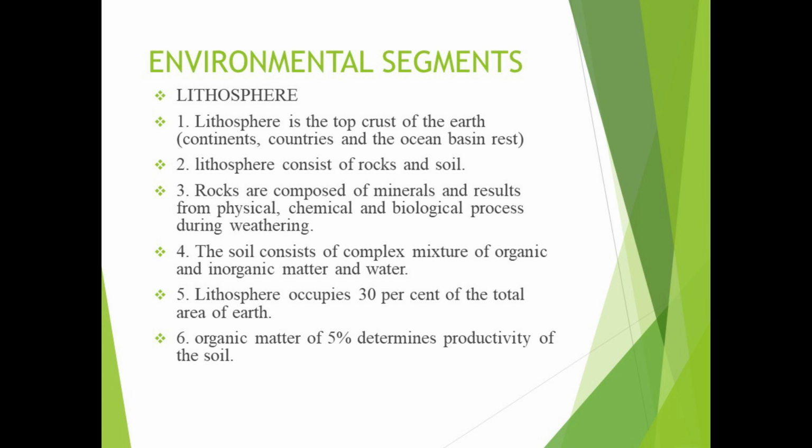And it has a mixture of organic and inorganic matter as well as water content. The lithosphere occupies 30% of the total area of Earth, and organic matter of 5% determines the productivity of the soil.